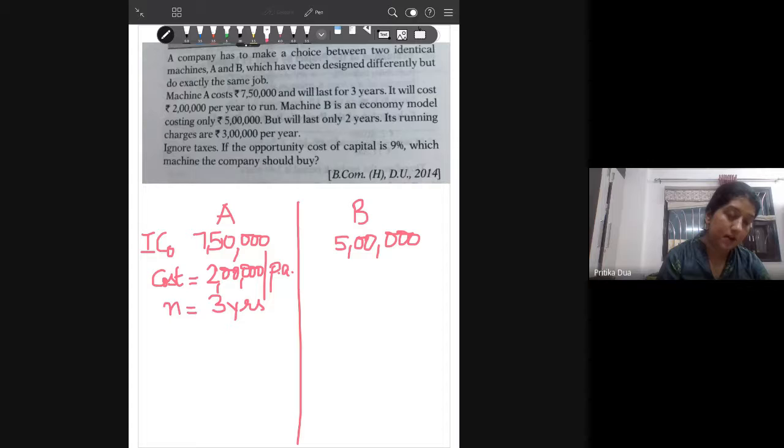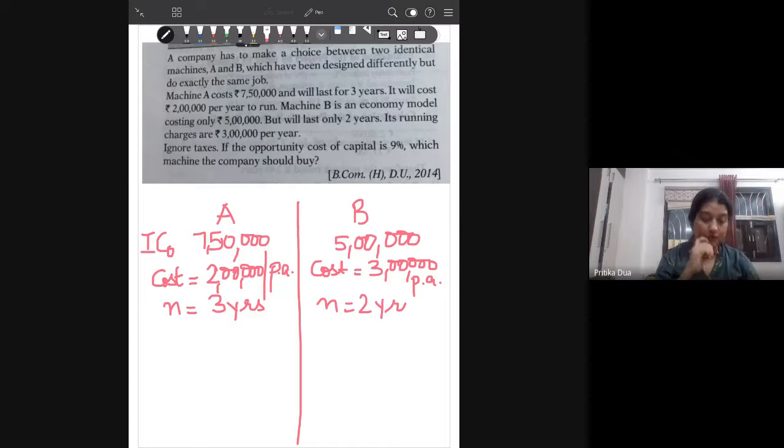On machine B, the annual cost of operation is 3 lakh per annum, but the life is 2 years. And you're given the opportunity cost, that is K, is 9%. How do you solve this question?